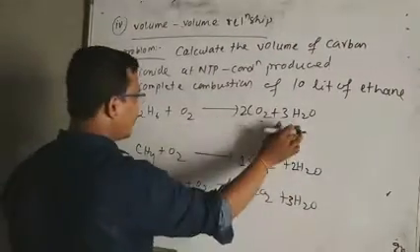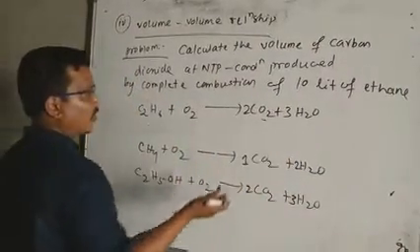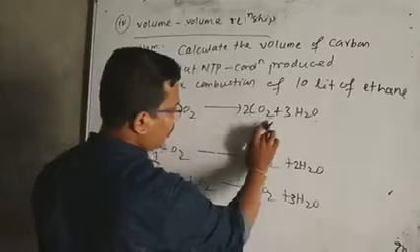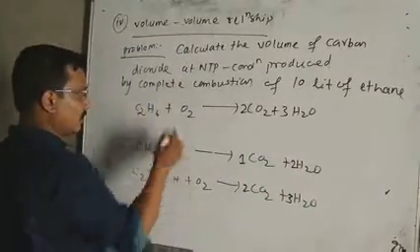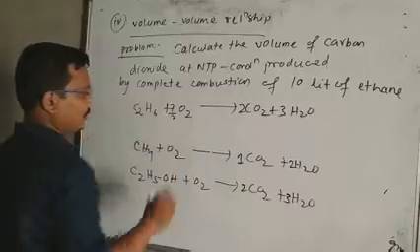After writing this, now balance the oxygen atoms. There are 4 oxygen atoms in the carbon dioxide and 3 in the water. Total oxygen atoms on the product side is 7, so we write 7 by 2 O2.